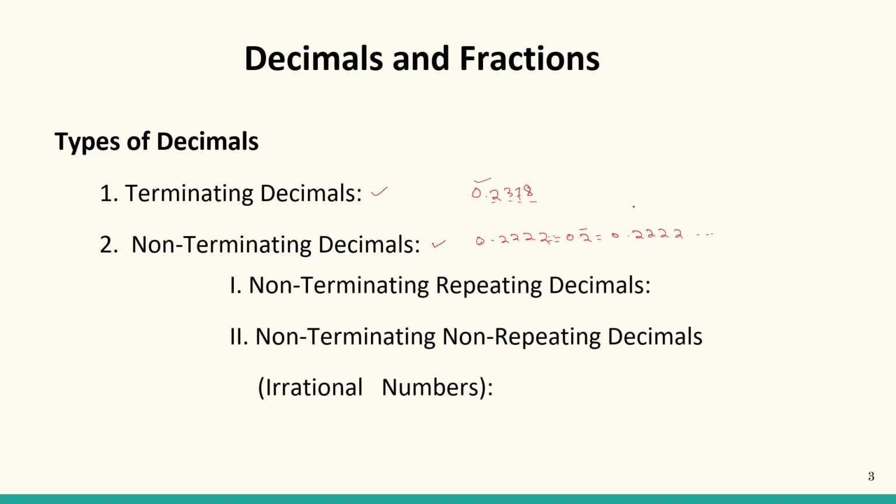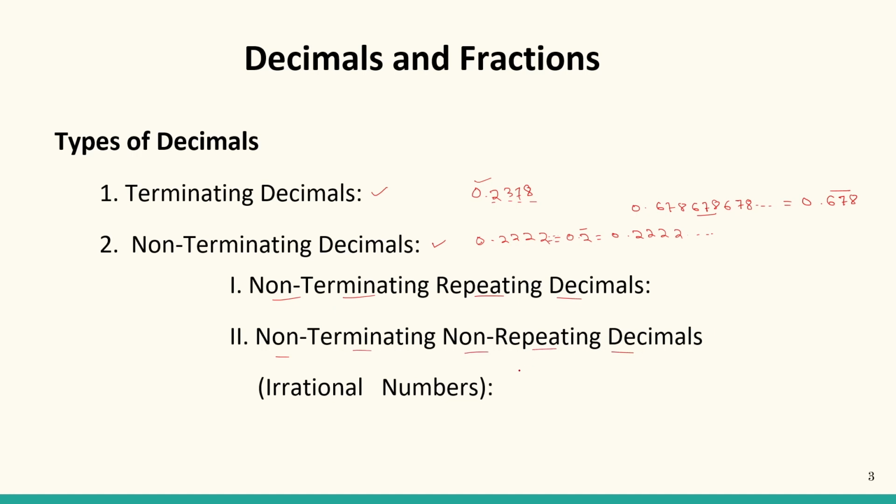Like for 0.678678678 and so on, we will write 0.678 bar, because 678 is the repeating pattern here. Non-terminating decimals were further divided into two categories: non-terminating repeating decimals and non-terminating non-repeating decimals.